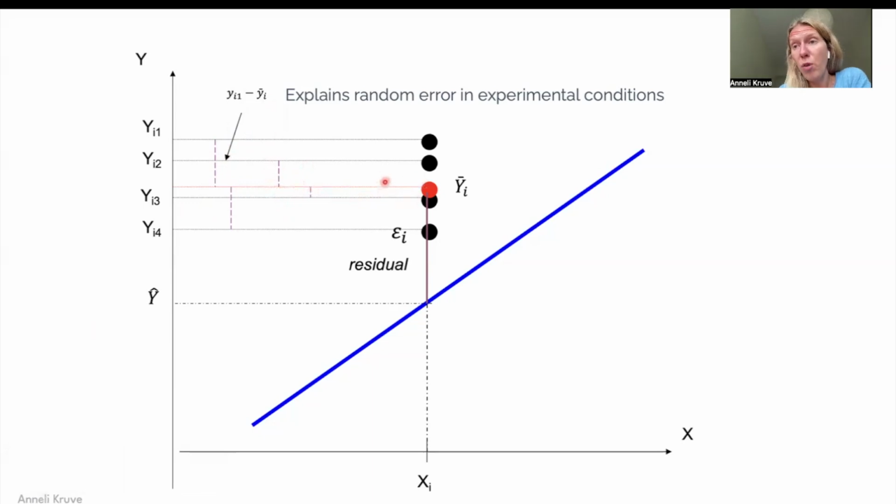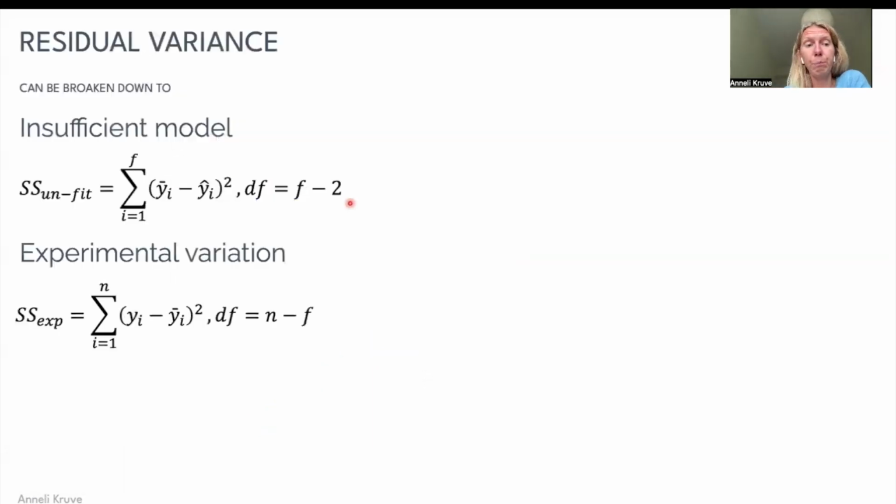And in practice, both the model's insufficiency as well as the experimental variance are impacting how far off from the calibration line our measurement points are.